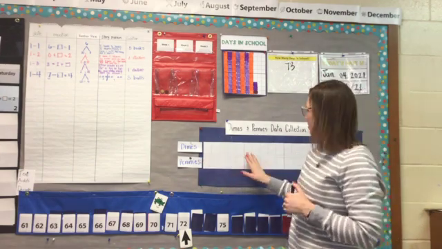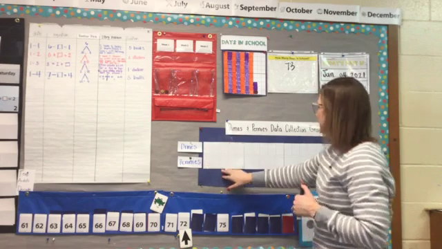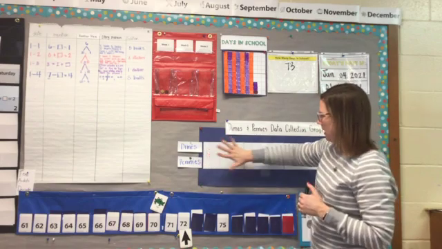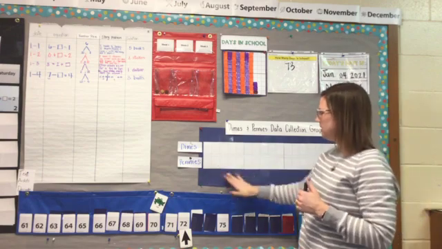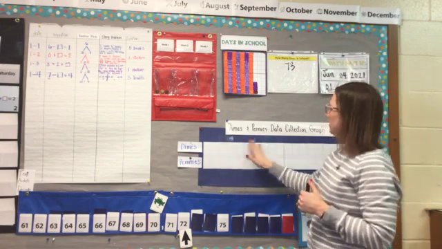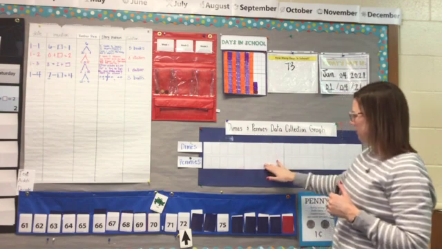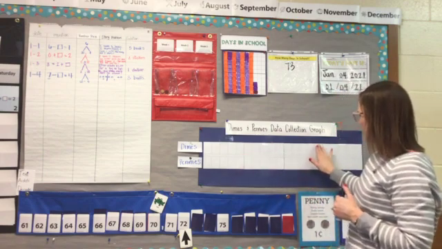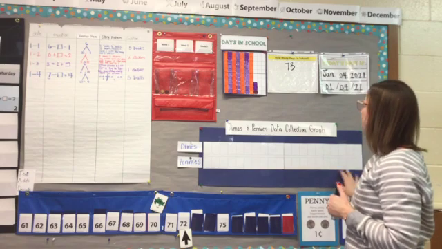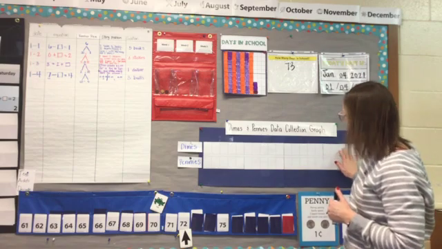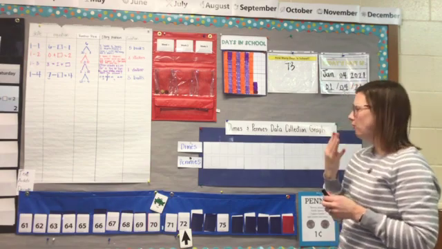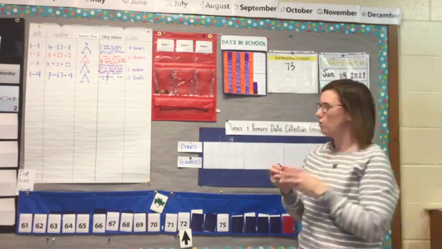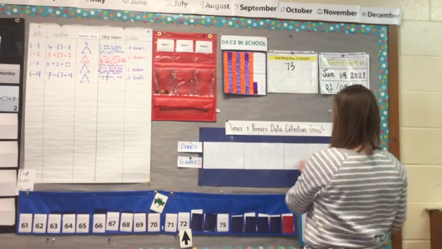And then I'm going to come over here, and I am going to mark off 4 spots, okay? You can see that we have 10 frames here. So we have 10, 20, 30, 40. This is a 10 frame, 5 and 5. This is a 10 frame, 5 and 5. Another 10 frame, 5 and 5. And a 4th 10 frame, 5 and 5. So since today I spun 4 pennies, I'm going to cross off 4 blocks in my pennies row.